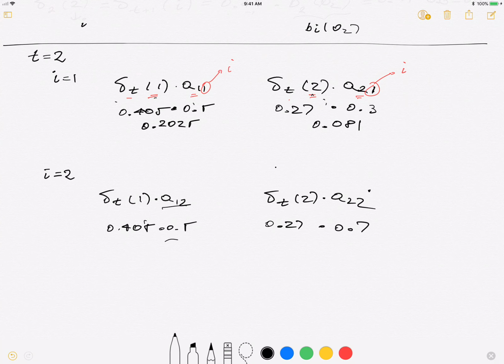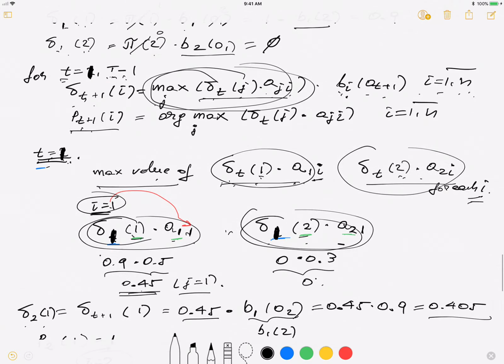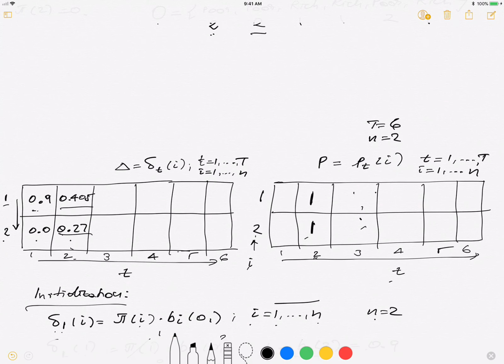How about here? The result is the same, 0.2025, and here 0.189. So in both cases, for I equal 1 and I equal 2, the product is maximized for j equal 1. Therefore, in both cases, I put here 1.